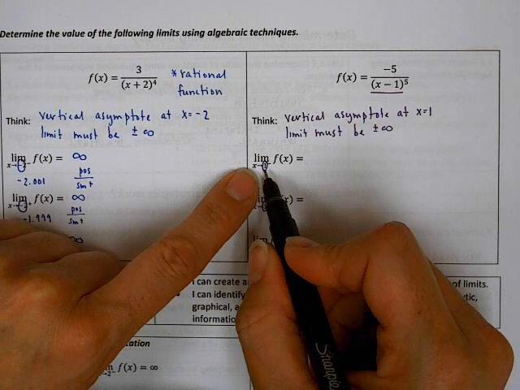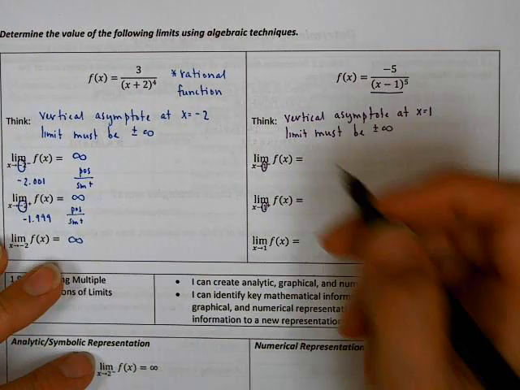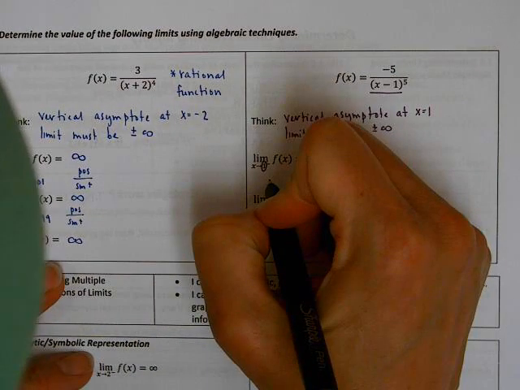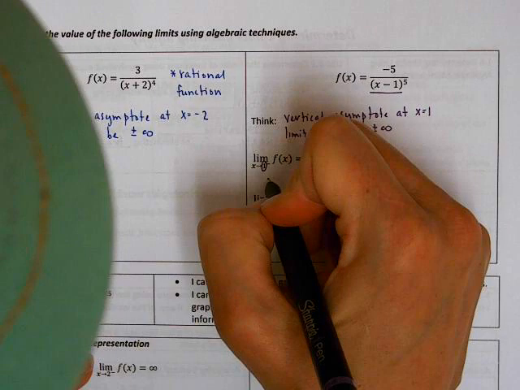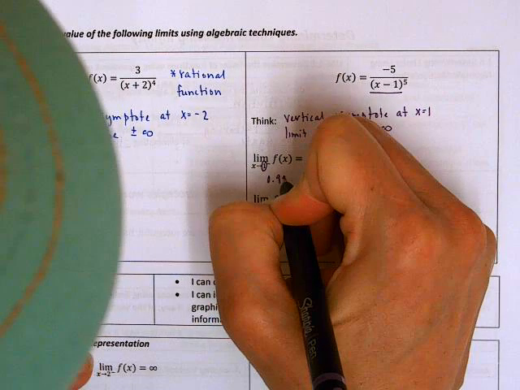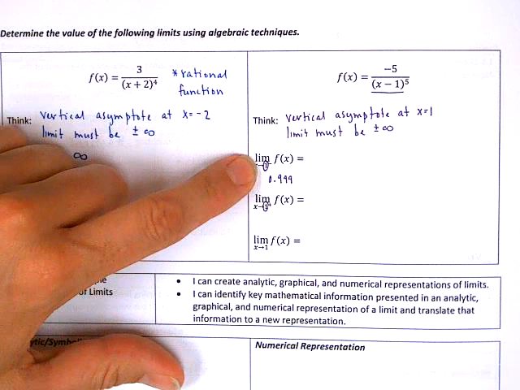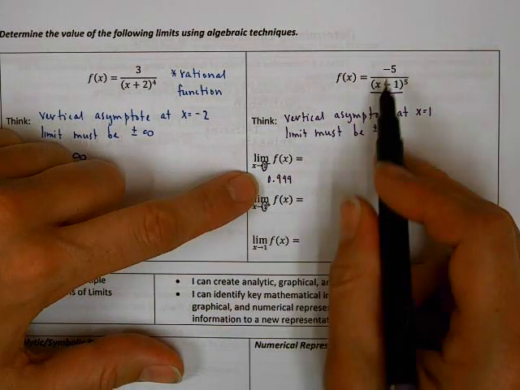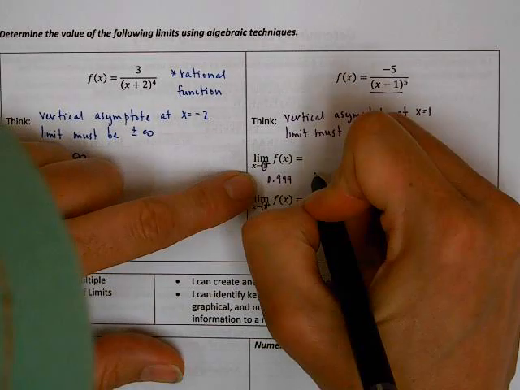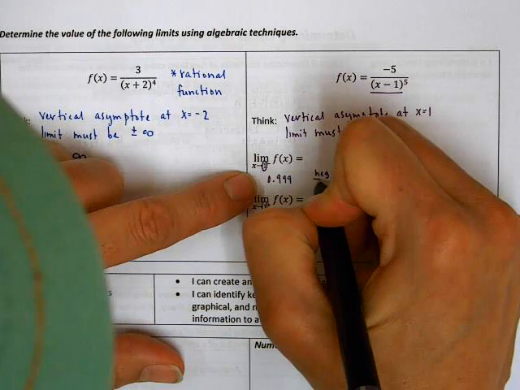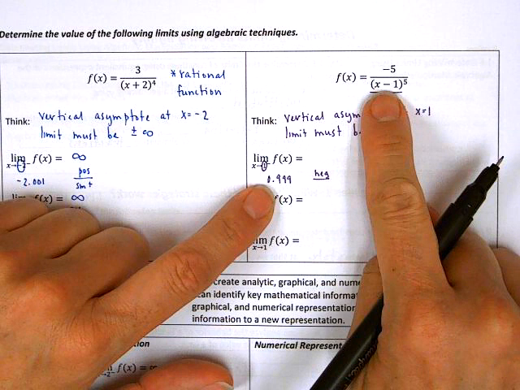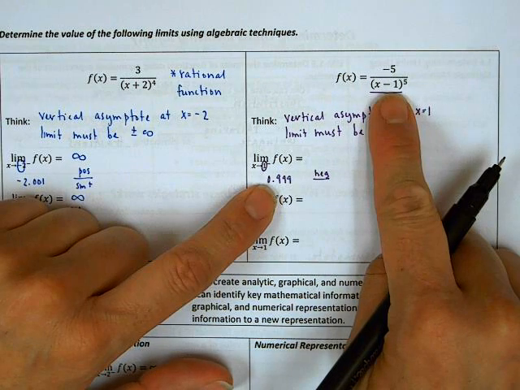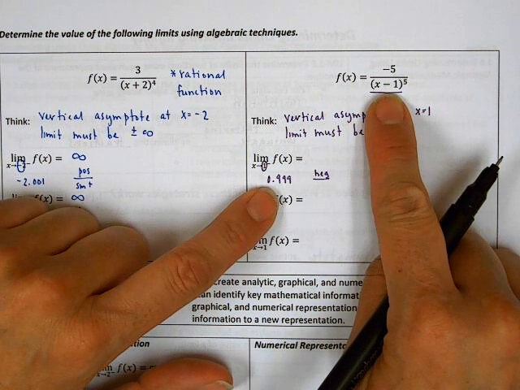If I approach 1 from the left-hand side, I'm looking at something like 0.999, let's say. To the left of 1 might be 0.999. So now, on top, my numerator this time is a negative number. If I do 0.999 minus 1, I'm going to get a negative number.